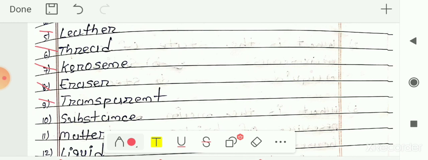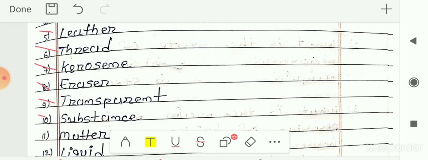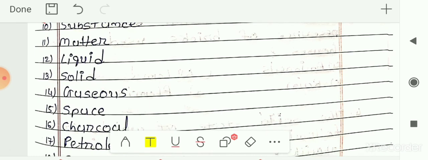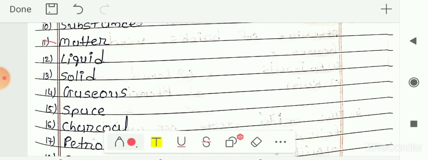Ninth is transparent, TRANSPARENT, transparent. Tenth is substance, SUBSTANCE, substance. Eleventh is matter, MATTER, matter. Twelfth is liquid, LIQUID, liquid.